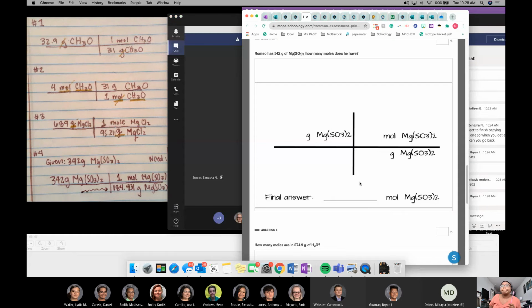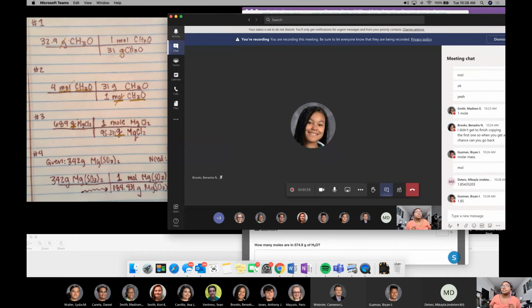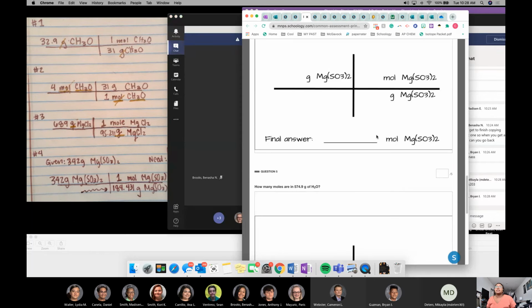Give me 3 digits and put that in the blank when you get there. So you're going to have to divide these on your own. All right, so we have 2 minutes. Please let us try to get through this last one.